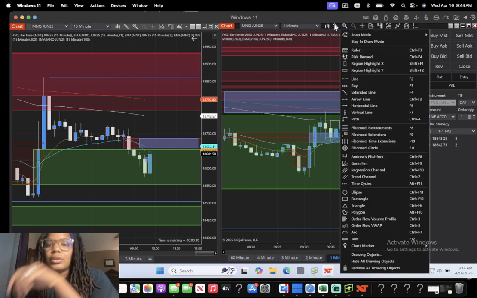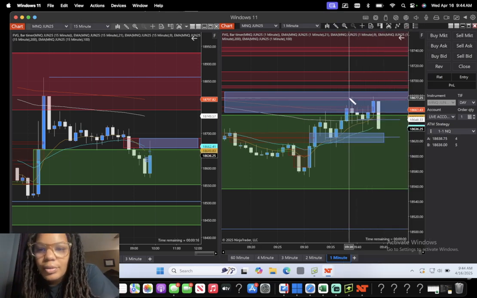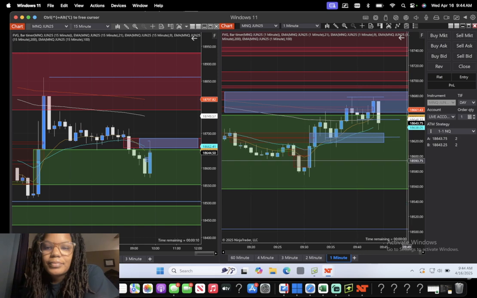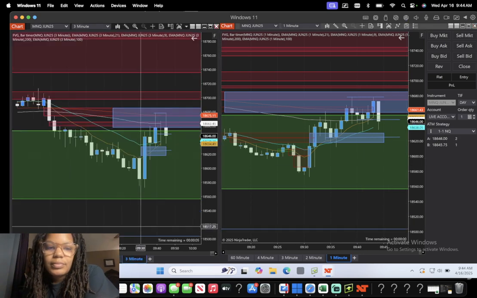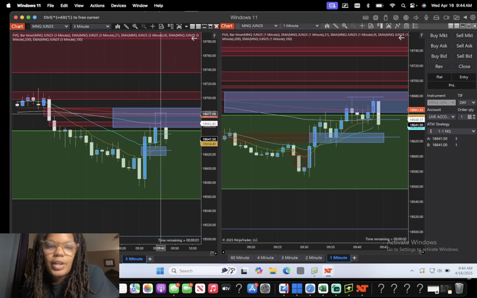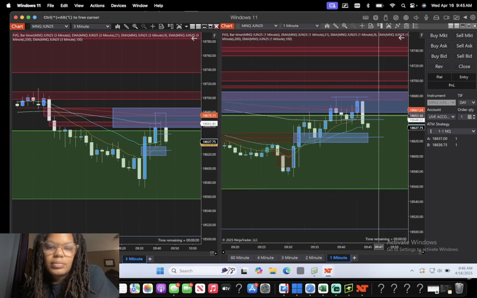And there was a little liquidity sweep here on the 1 minute, as you see. So you have that higher fair value gap up there. And it closed below this.